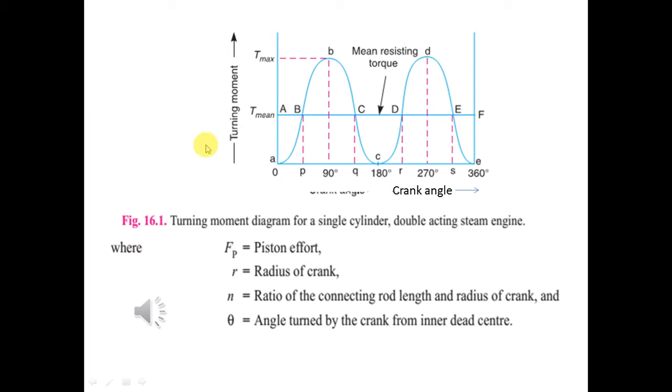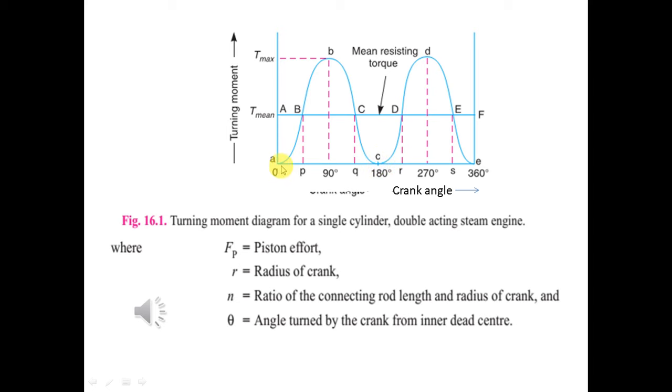In this area, the turning moment has its maximum value, that is T max, at point B when the crank has turned through an angle of 90 degrees. Again it drops to 0 when the crank angle moves from 0 to pi. When the theta value is 180 degrees, the turning moment value comes to 0, whereas this is the maximum value.